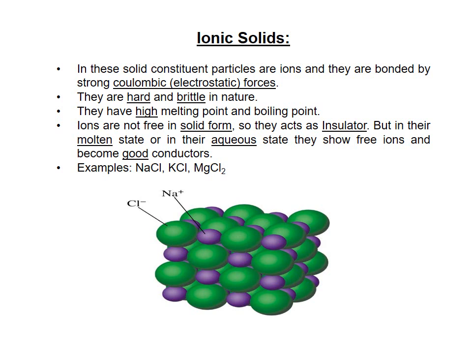In simple words, we can say that they contain ionic bonds. As ionic bonds are stronger, these solids are hard and brittle in nature. Their melting points and boiling points are higher. They do not conduct electricity in the solid form, but they can conduct electricity only in the molten or aqueous state.